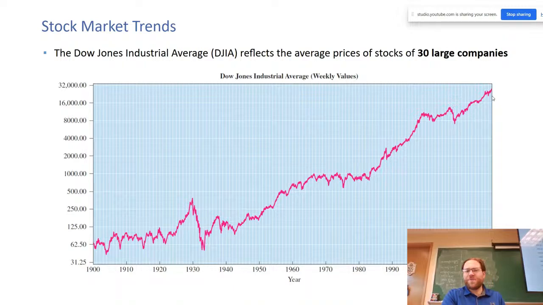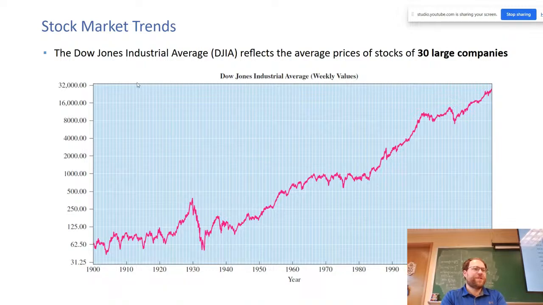In 2020, it was almost 32,000. So this graph is kind of misleading a little bit on how much it's actually going up. It's actually going up at a much steeper rate if this would have been a linear graph.